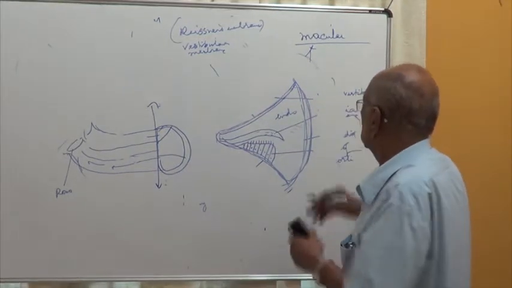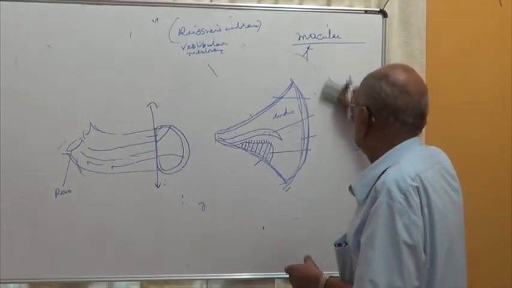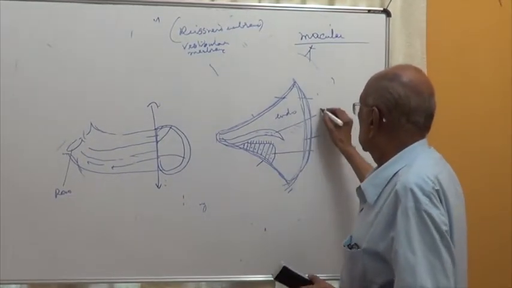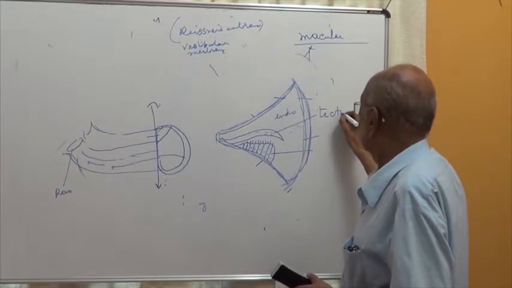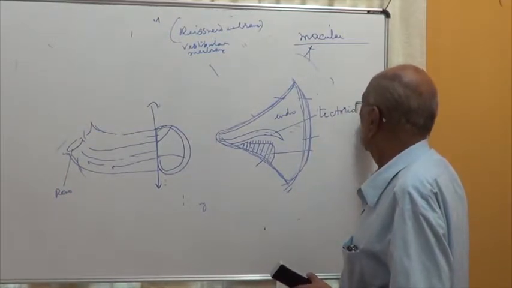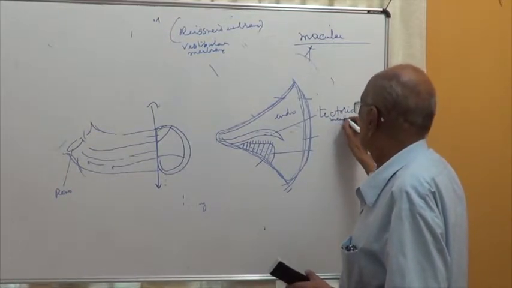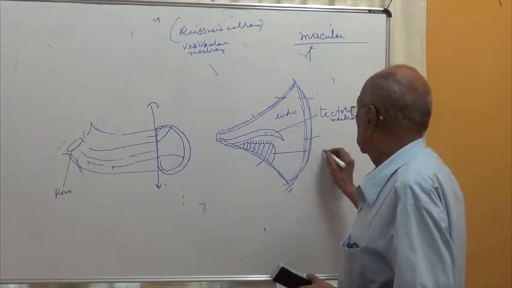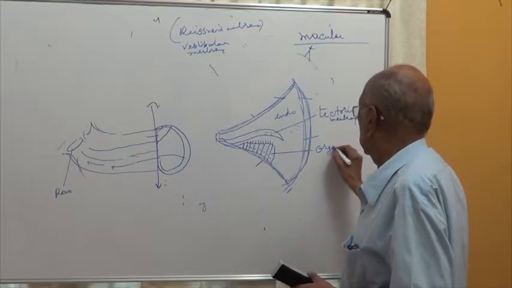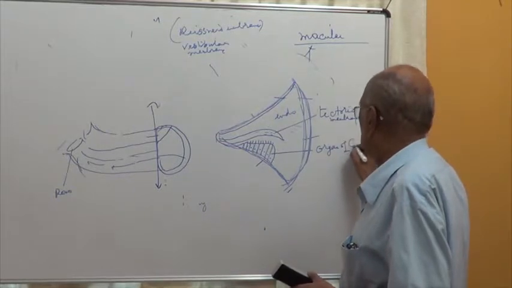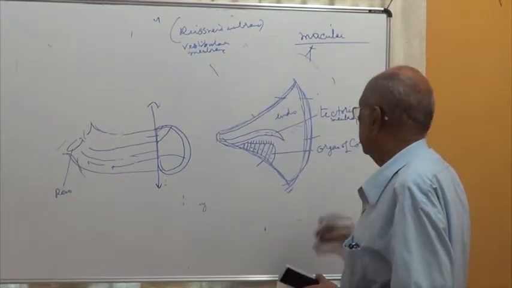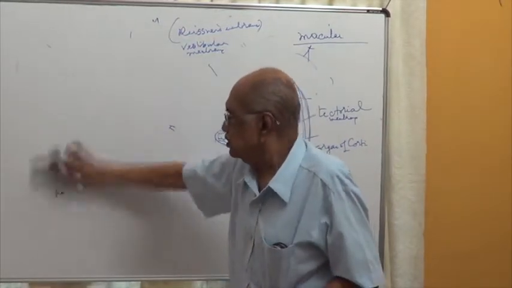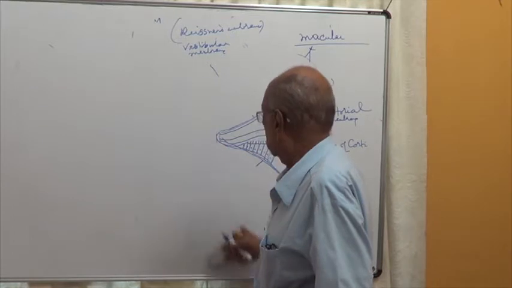Well, here is the tectorial membrane, and this is the organ of Corti. We have almost covered the structure.